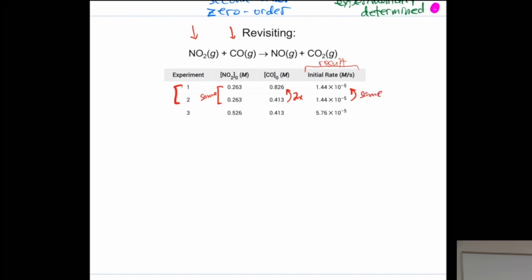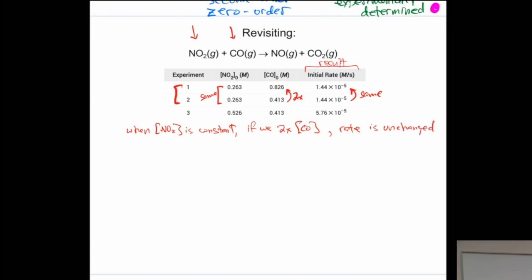Okay? Now, let's put this into words, what we're doing here. Okay? So, when NO2 concentration is constant, if we double the CO concentration, the rate is unchanged.